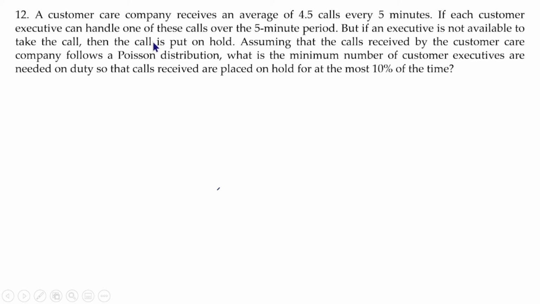So here it is given, a customer care company receives an average of 4.5 calls every 5 minutes and each customer executive can handle one of these calls over a 5-minute period. On the other hand, if the executive is not available, the call is put on hold. And we are assuming that the calls received follow a Poisson distribution. We have to find the minimum number of customer executives needed on duty so that the calls received are placed on hold for at most 10% of the time. That means the calls should be answered 90% of the time.